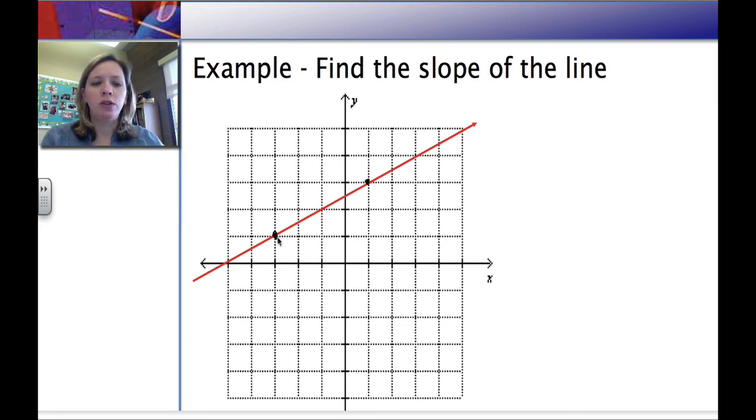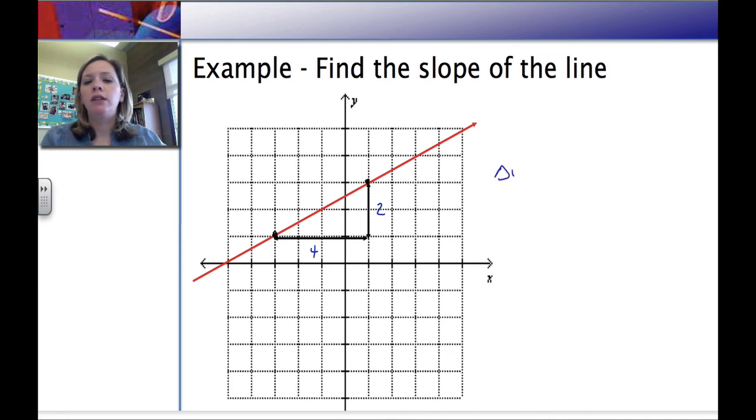And so what we're going to do is draw a little triangle that shows the horizontal and vertical changes between these 2 points. Okay? So we can see here my y values are different by 2 units, and my x values are different by 4 units if I count over 1, 2, 3, 4.